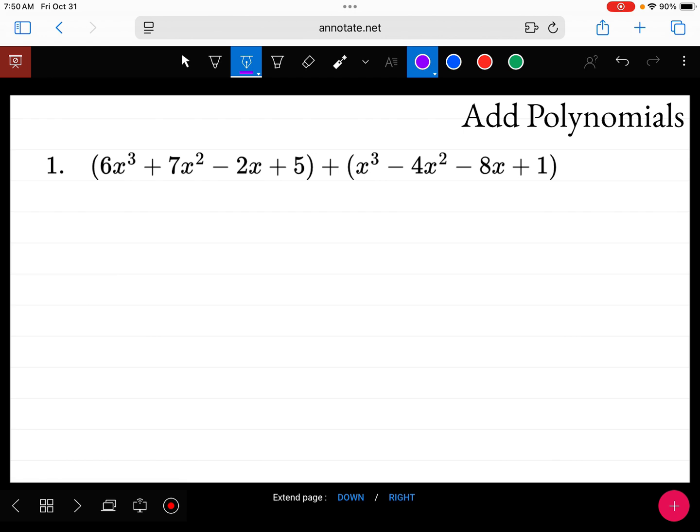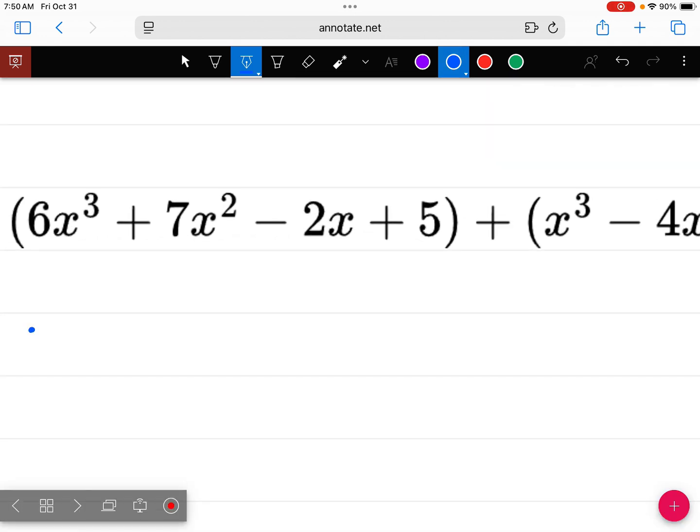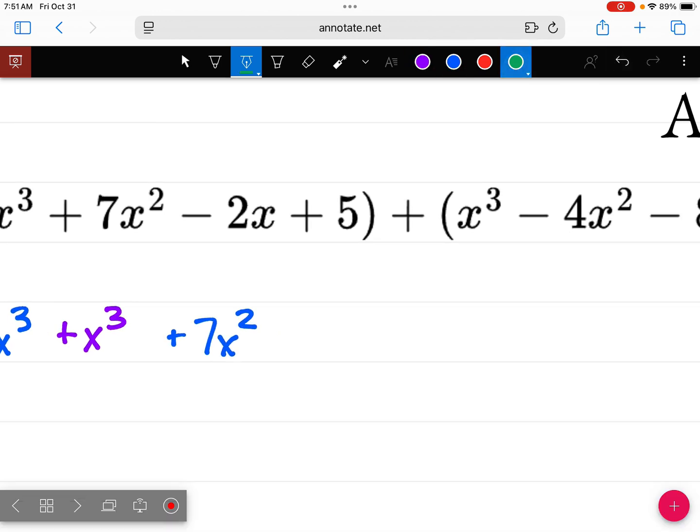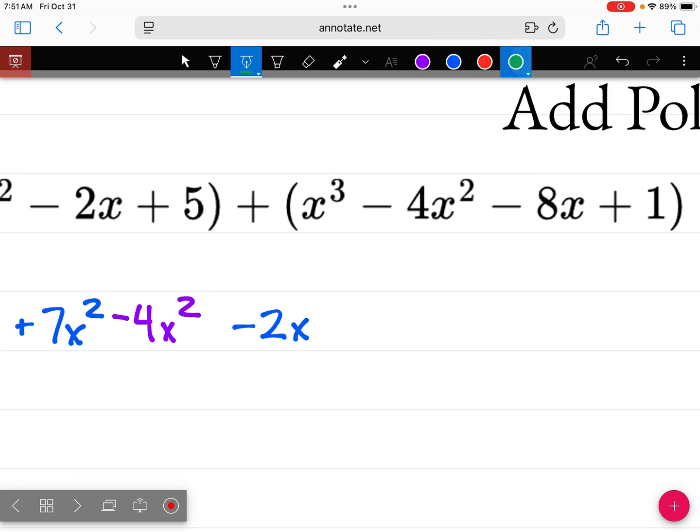This is 100% the same thing as if I had my 6x cubed plus x cubed and my 7x squared minus 4x squared minus 2x minus 8x plus 5 and plus 1.